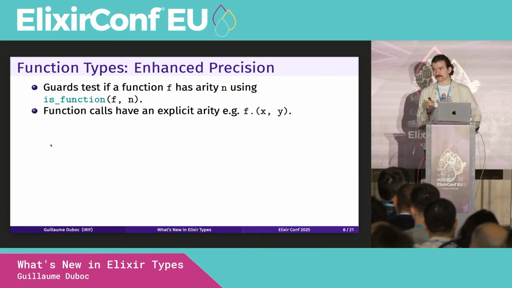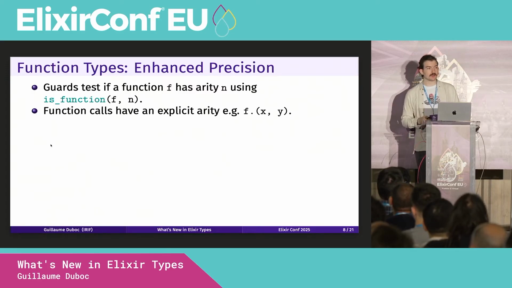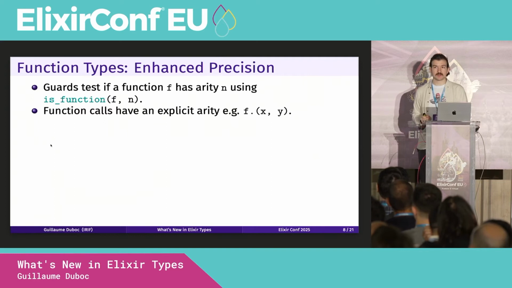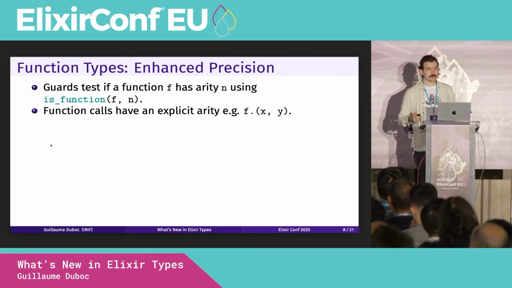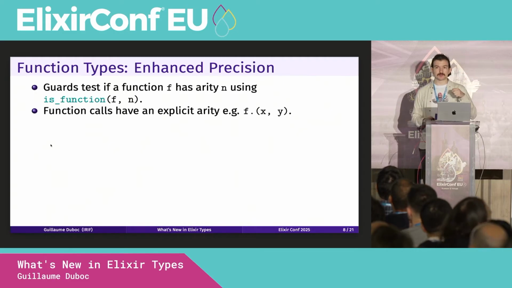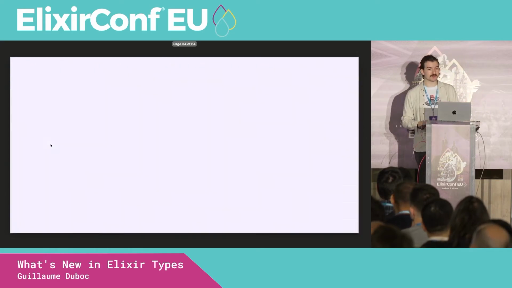Elixir has guards that check if some variable is a function of a given arity, and you also have function calls that explicitly pass a certain number of arguments. So it's important to be able to represent that some expression is really a given function type with a given arity.